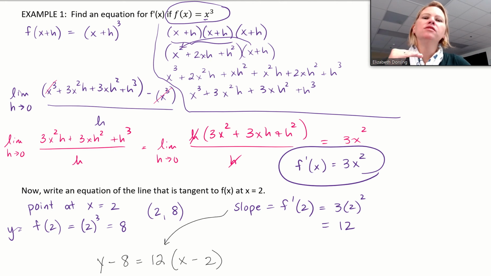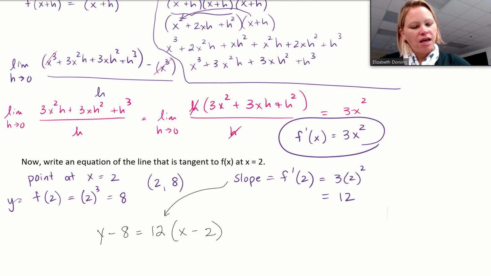And so it's really, really important to label everything clearly. On your AP exam, if you circled 3x squared, you wouldn't get credit for it. You need to label it. You need to include that this is f prime of x. So clearly label every single equation. Make sure that you refer to every equation properly, that when you're talking about the derivative, you're writing f prime of x and all that good stuff.